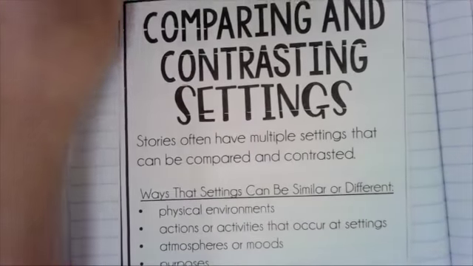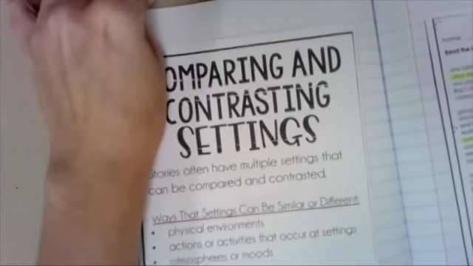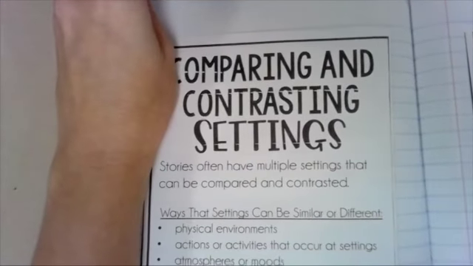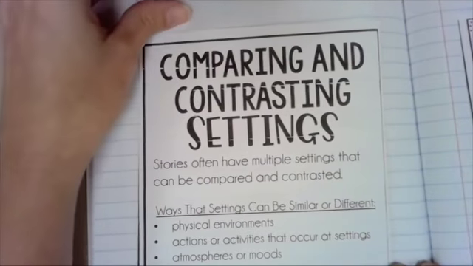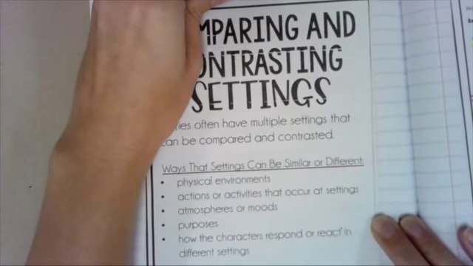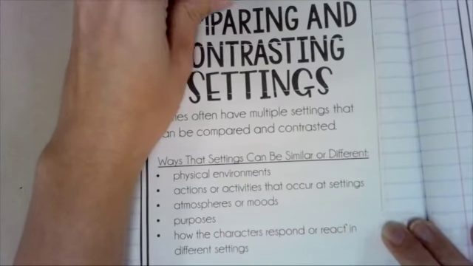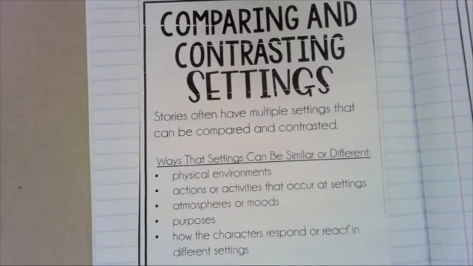Even though we did an example of comparing the setting in Frindle to our distance learning setting, you still want to glue this down, and we're going to do some practice with it. The setting is where and when the story takes place. Stories sometimes have different settings, so that's why you can compare and contrast them.